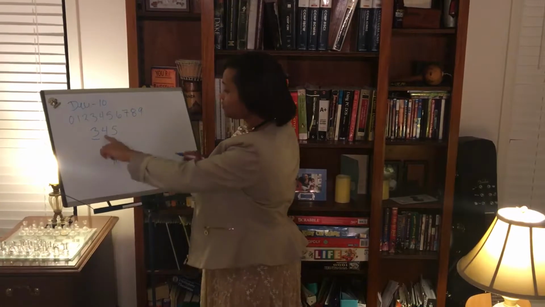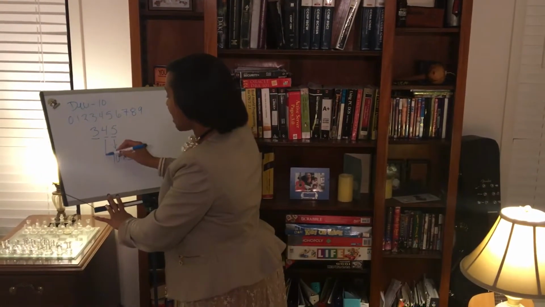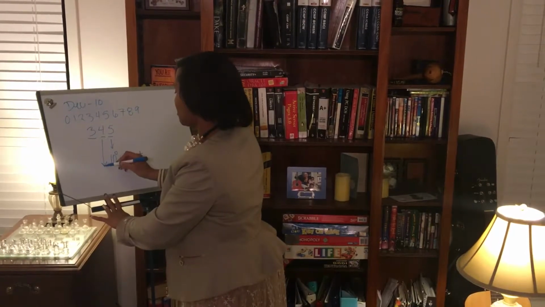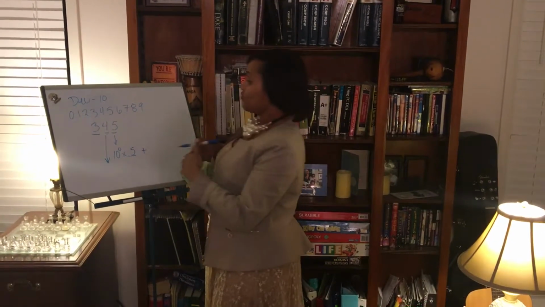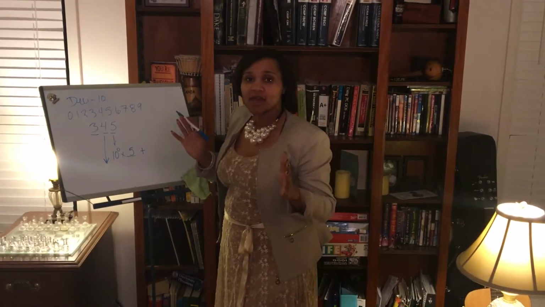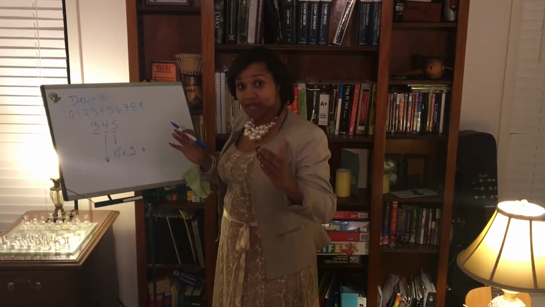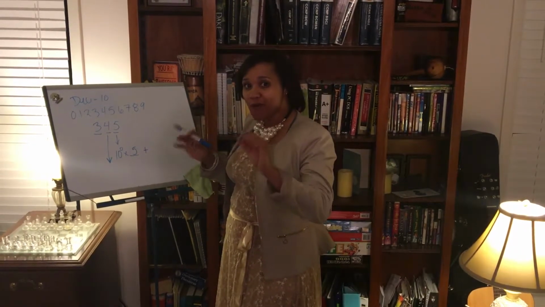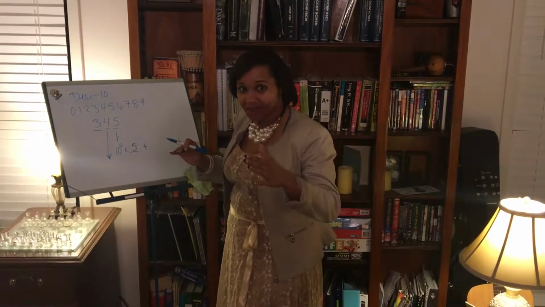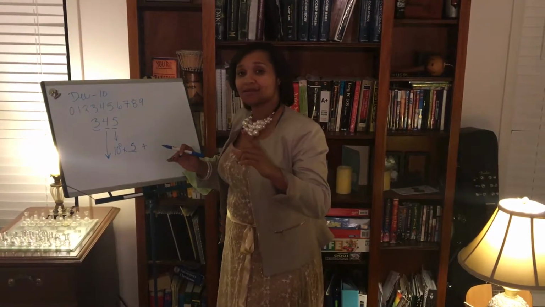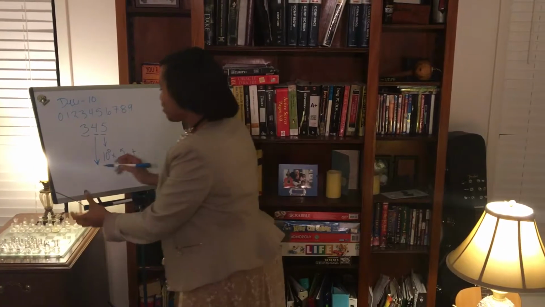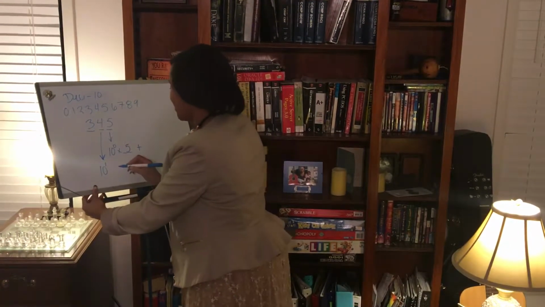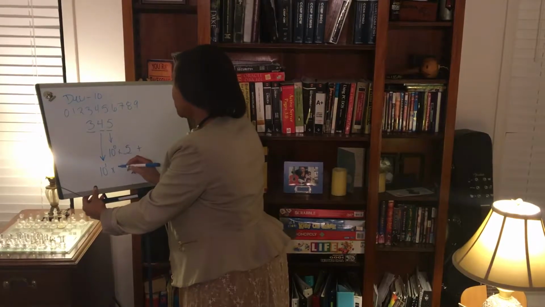Plus, the 4 is not just 4 in 45. It's in the 10s place. And it actually means, who can tell me what my power would be? You got it. The first power. So it'll be 10 to the first power times 4.